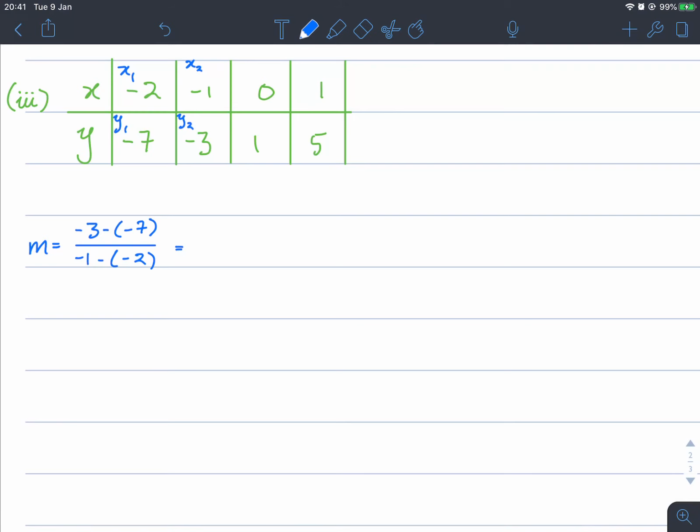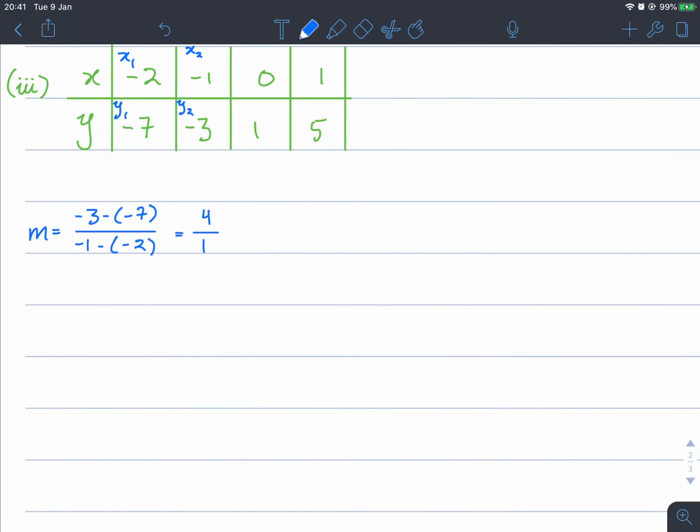This will give us negative 3 plus 7, which is 4. Negative 1 minus negative 2, so negative 1 plus 2 is just 1. So our gradient here, m, is equal to 4.